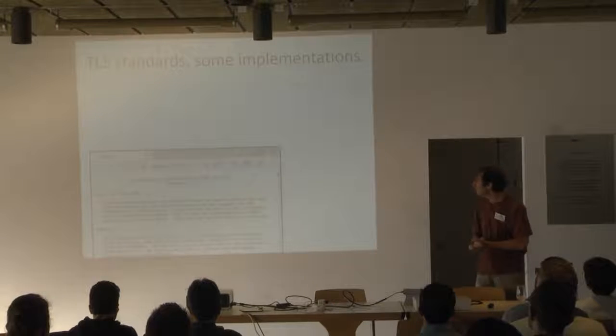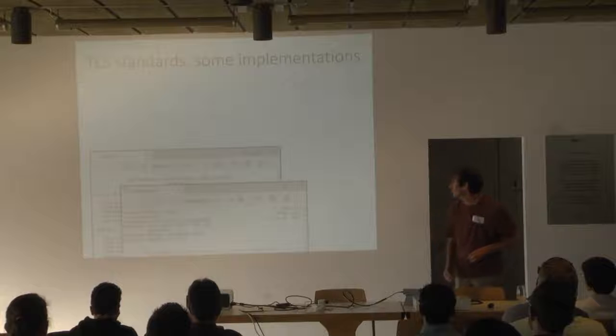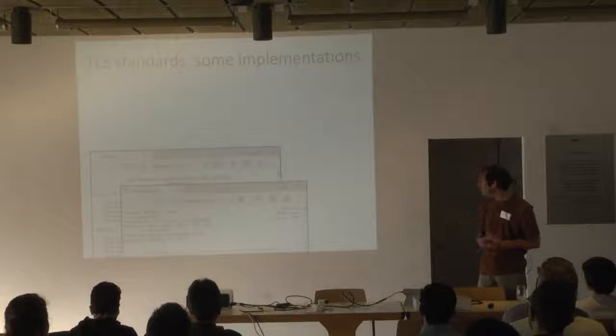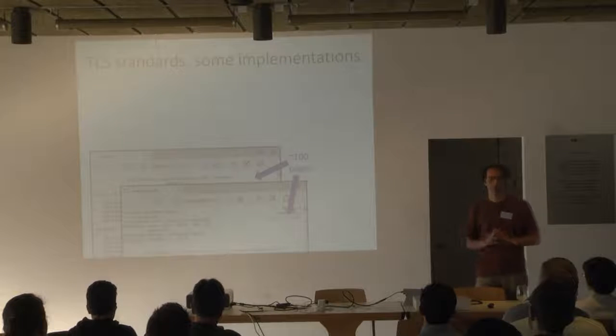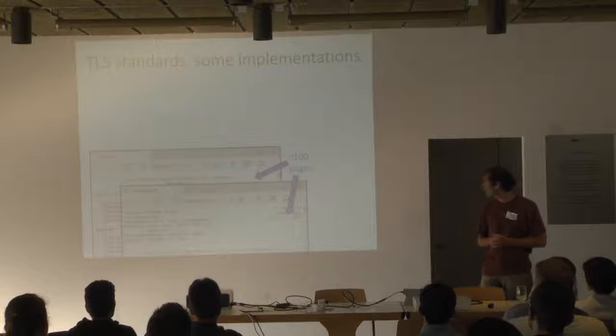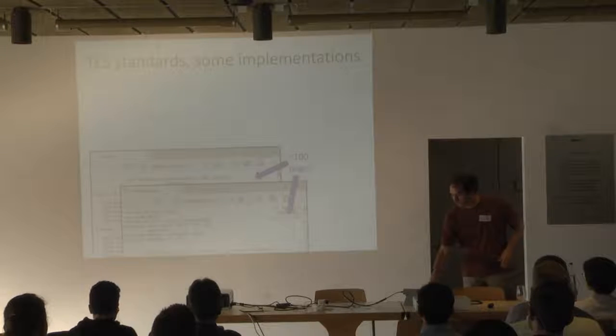These are snippets from the specifications of TLS 1.2, which is widely used today, and TLS 1.3, which is just coming out. These specifications are about 100 pages long. So, kind of large, but still within scope of formal verification.